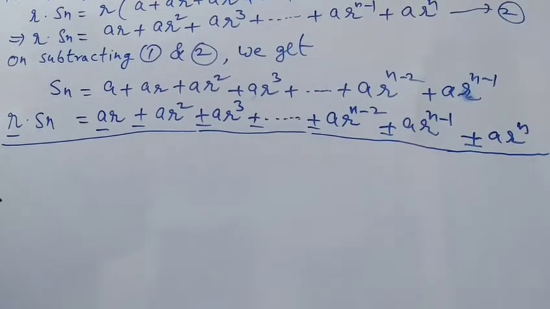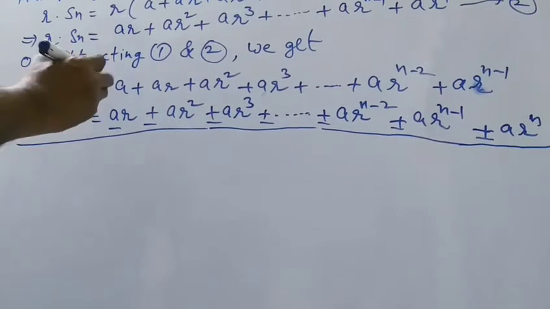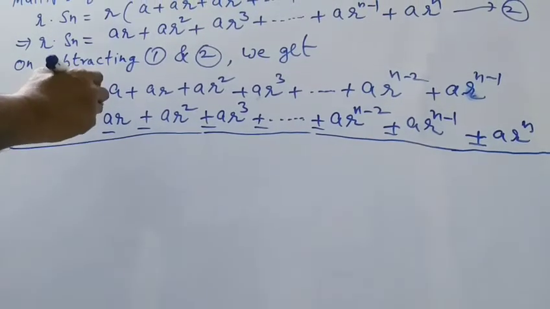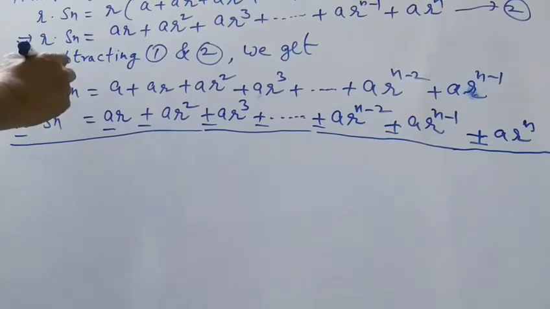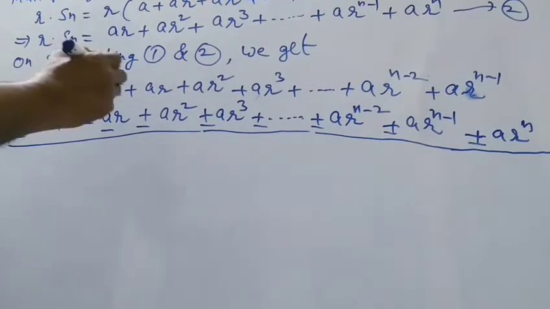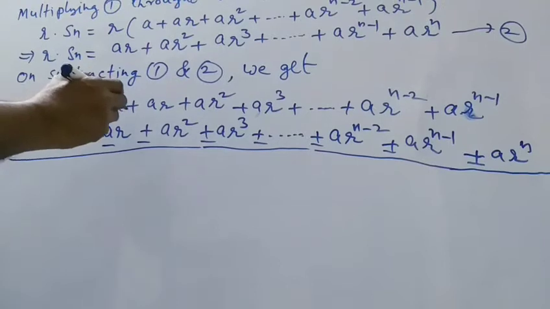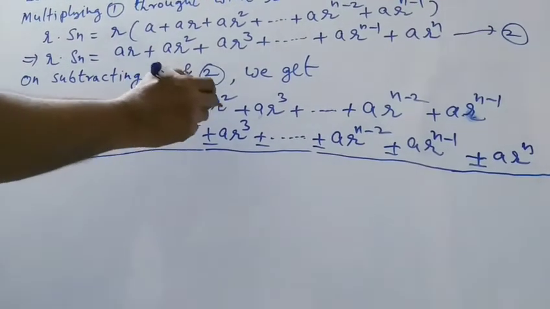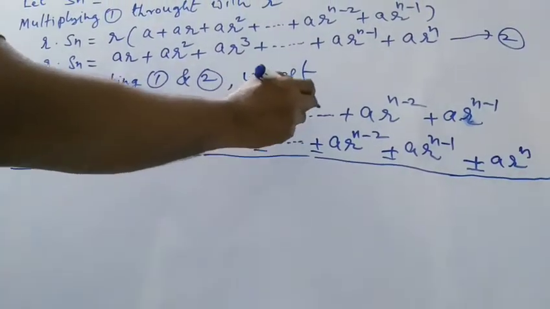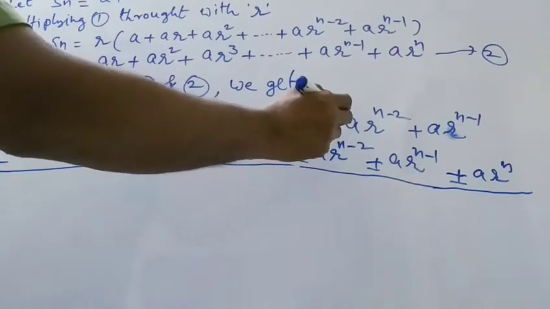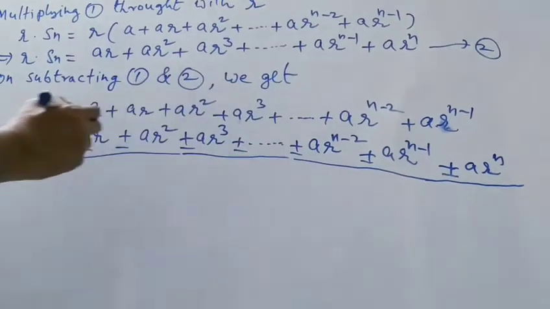Now, on careful observation, for both 1 and 2, Sn is equal to a plus ar plus ar square plus ar cube plus and so on plus ar to the power of n minus 2 plus a into r to the power of n minus 1.